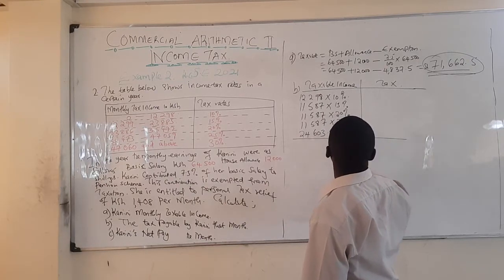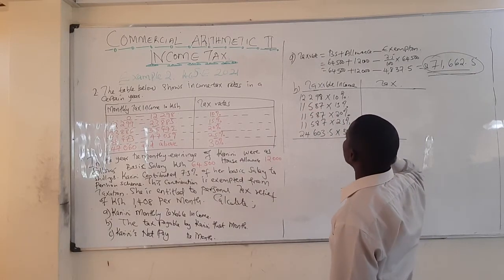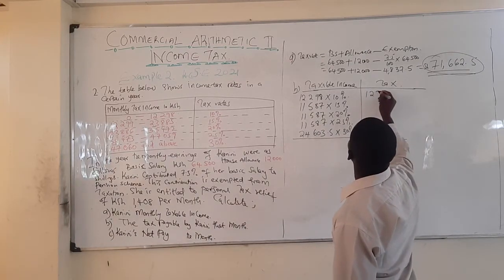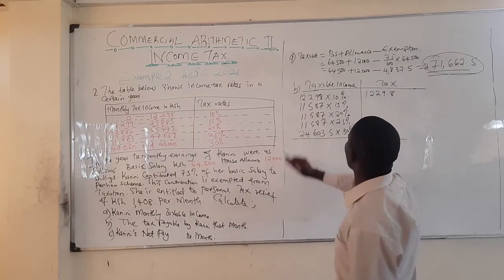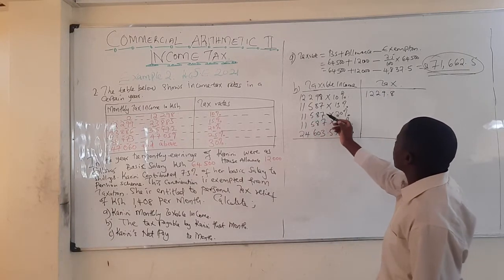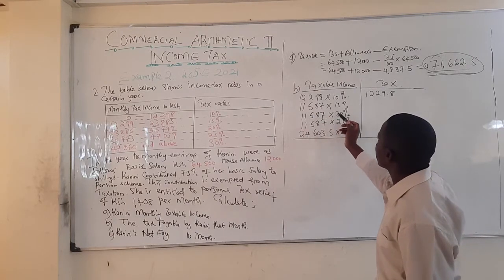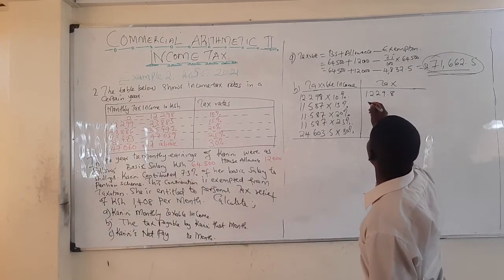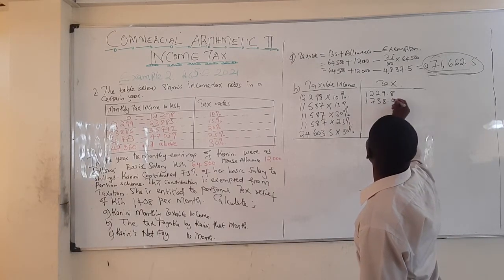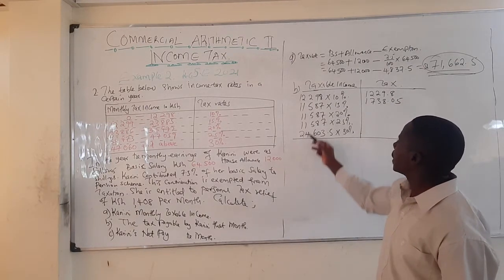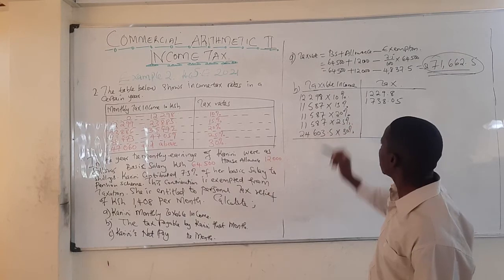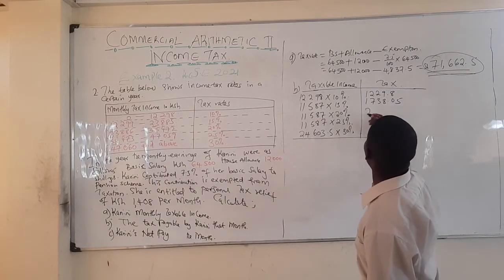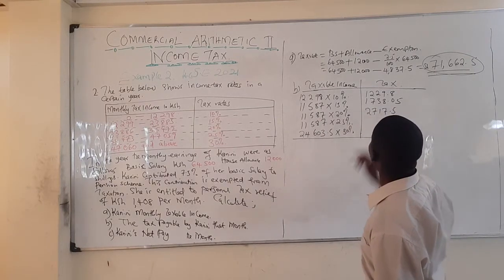So then you get those taxes. 12,298 times 10%, you're going to be having 1,229.8. Then 11,587 times 15% is going to be 1,738.05. Then 11,587 times 20%, you're going to be having 2,317.4.